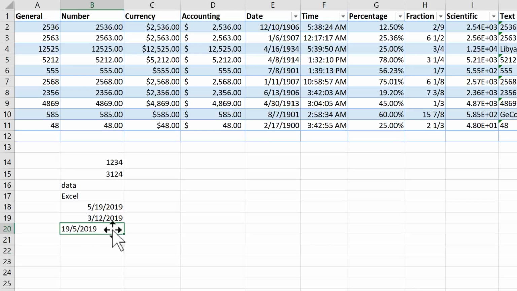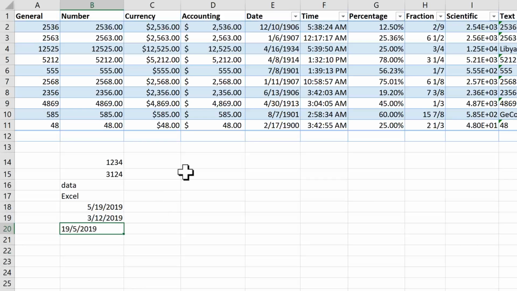This is why what we think was a date was aligned to the left, because Excel thinks it's a text. So this is the distinction you need to keep in your mind always: if whatever you're entering is aligned to the right, Excel understood it as a number. If it was aligned to the left, then Excel thinks that this is a text.